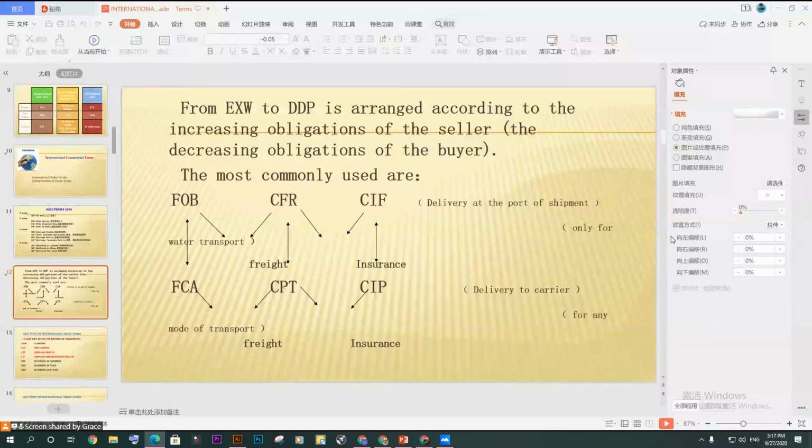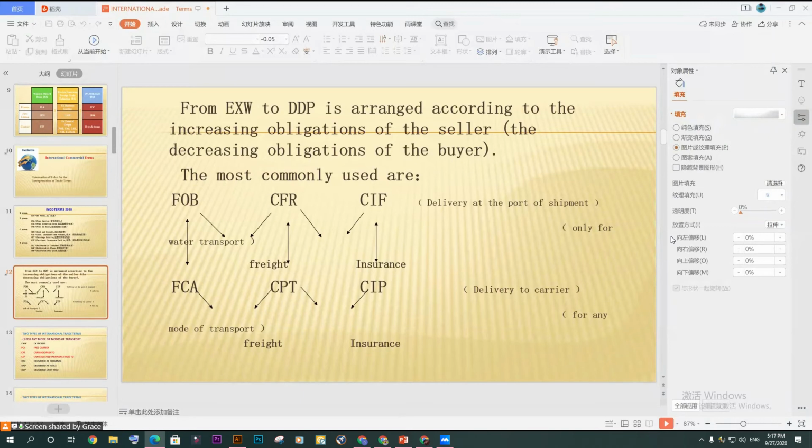We just learned there are 11 international trade terms. But we can divide these 11 trade terms into two types. The first one is the trade terms for any mode or modes of transport.